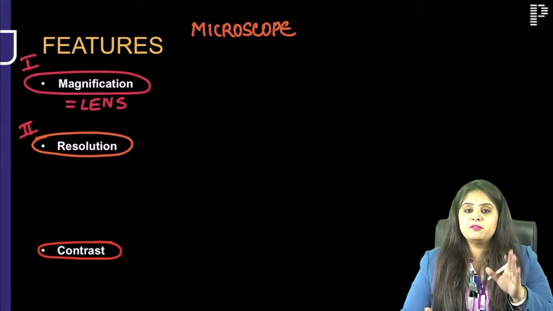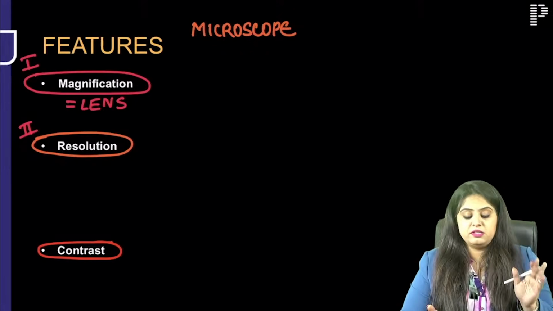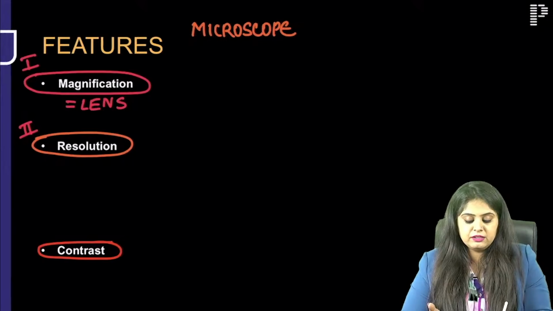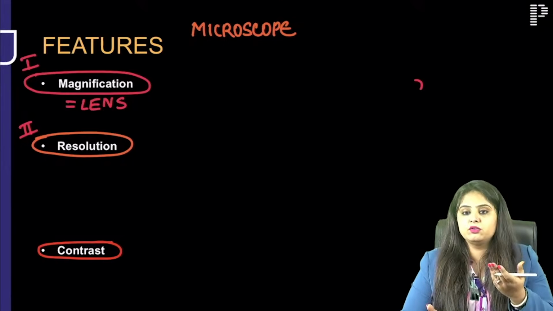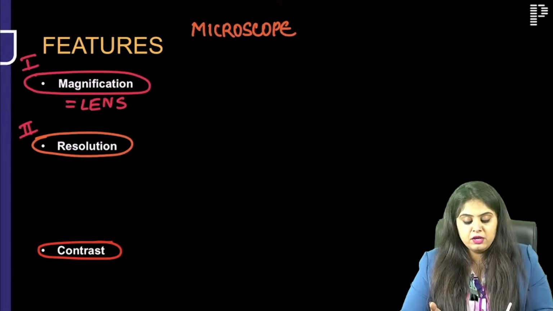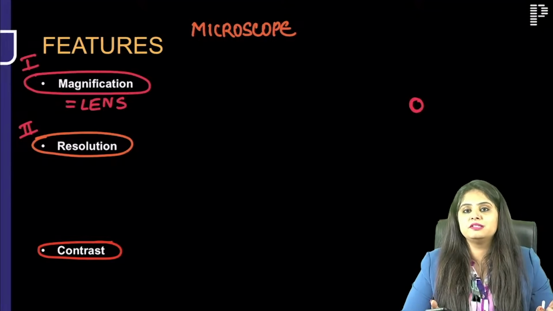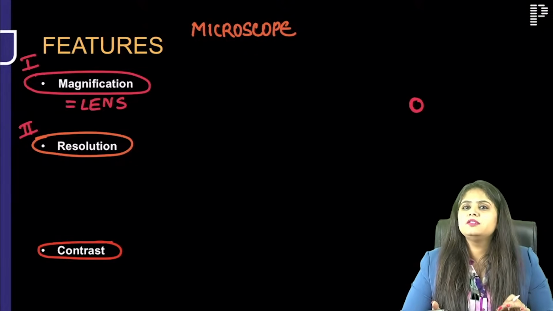Resolution means, before I write the definition, ability to tell 2 points as different. So for example, if we don't have a microscope in our eyes, in our eyes, ma'am, we have normal lens, normal eye system. As per you, this is one big dot. Do you all think this is one big dot? With your eyes, this is what you can see. But then I decided that let me look at this with a microscope.